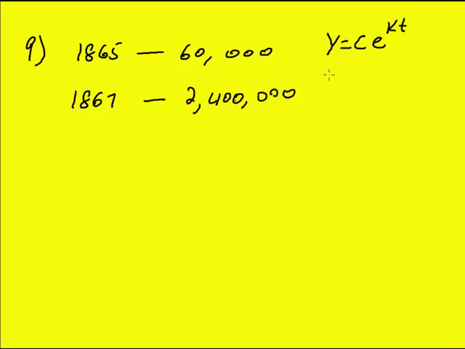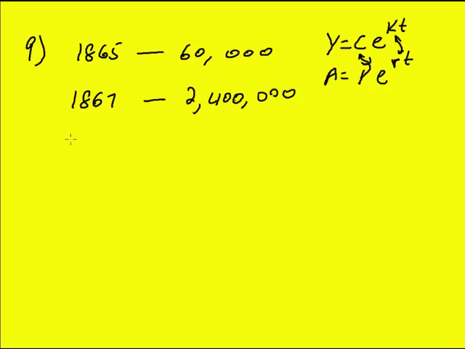Remember, this used to be A is equal to Pe^(rt). So K and the r are the same, and P and the C are the same. That's the initial amount.